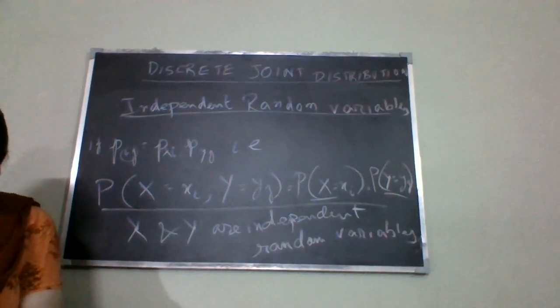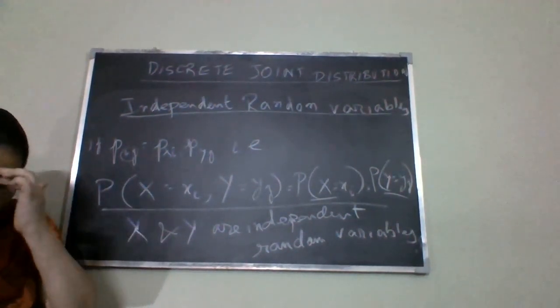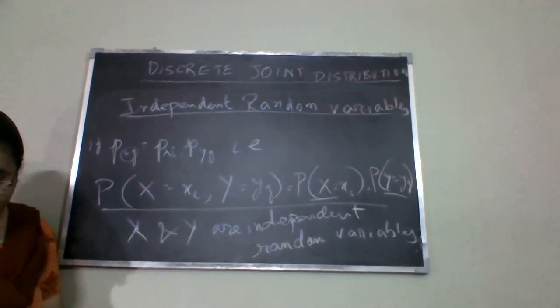Is it clear? This holds for all i and j, where i goes from 1 to m and j goes from 1 to n, including m and n.